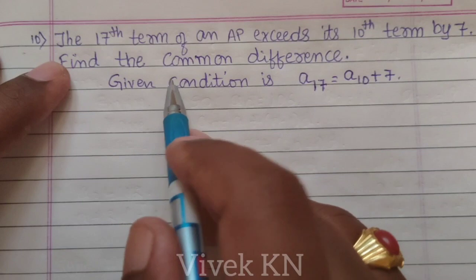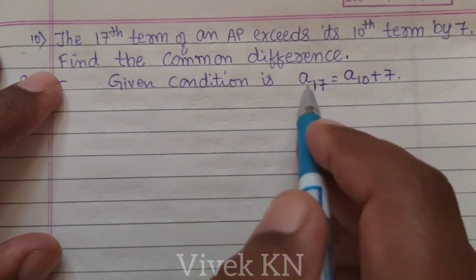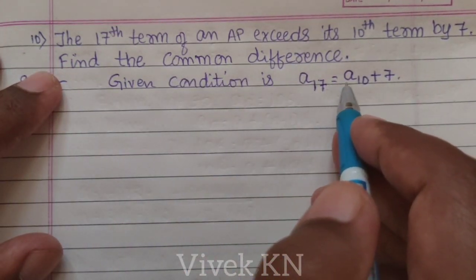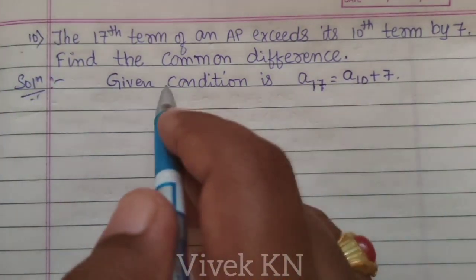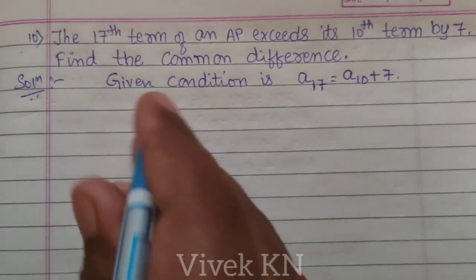The condition is A17 is equal to A10 plus 7. Now we have to find out the common difference.